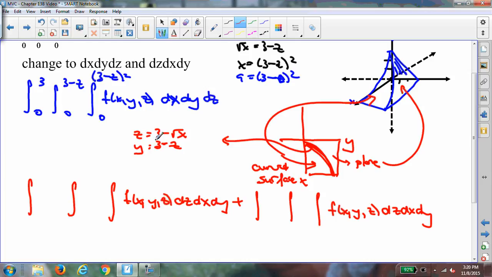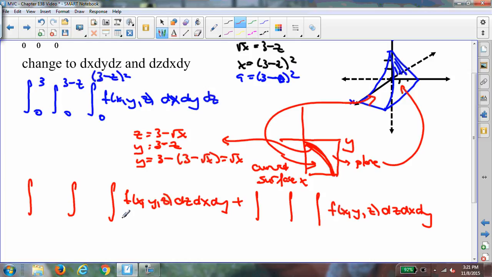So if I intersect those two, I'm going to get y equals 3 minus (3 minus root x), which is y equals root x. And that actually looks like a curve y equals root x if you rotate it 90 degrees. So now I know which piece to use with which function.